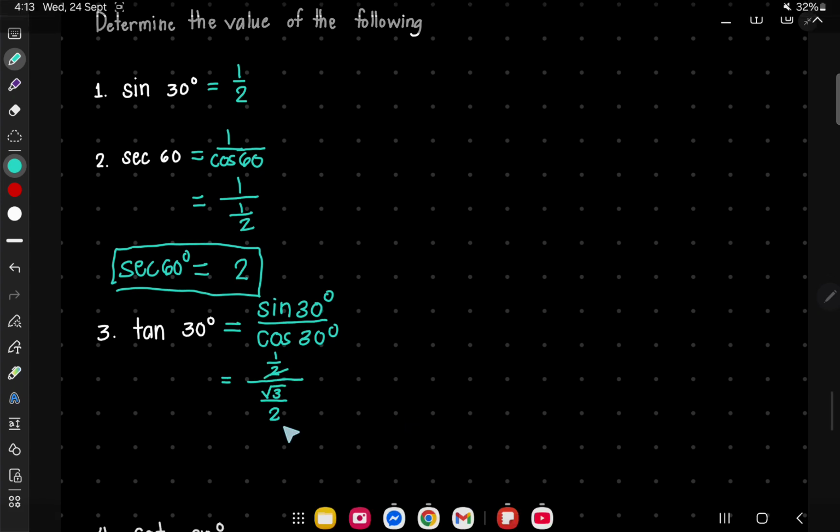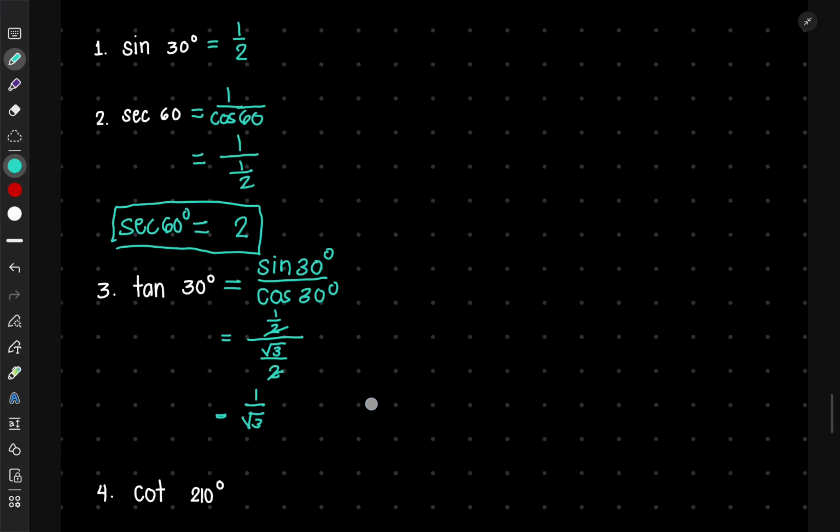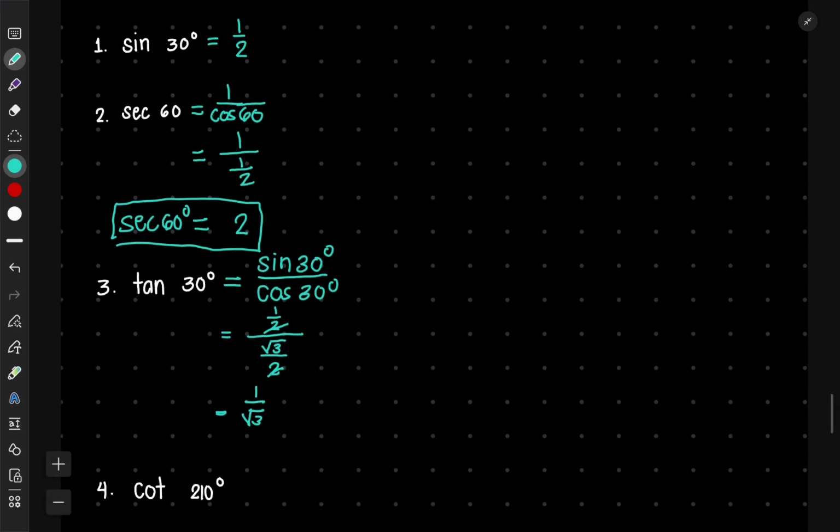So, the 2 and 2 will cancel. So, we will get 1 over square root of 3, or rationalizing it. So, let's multiply by square root of 3, both numerator and denominator.